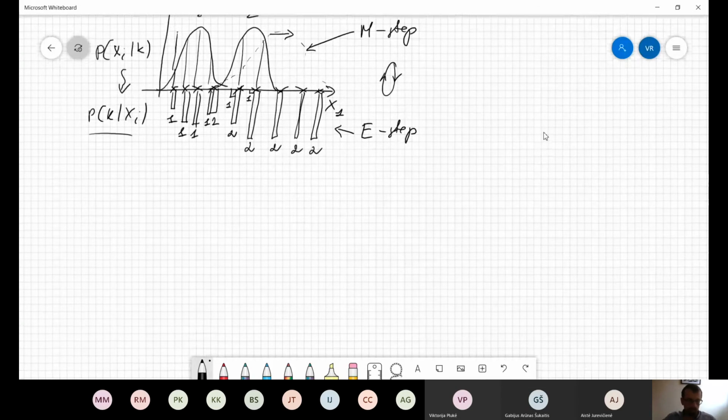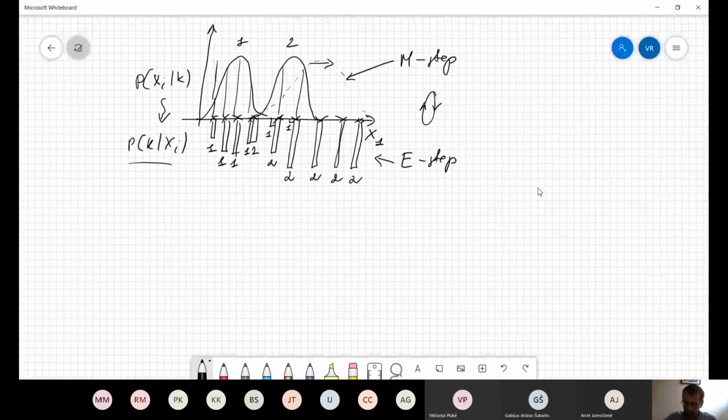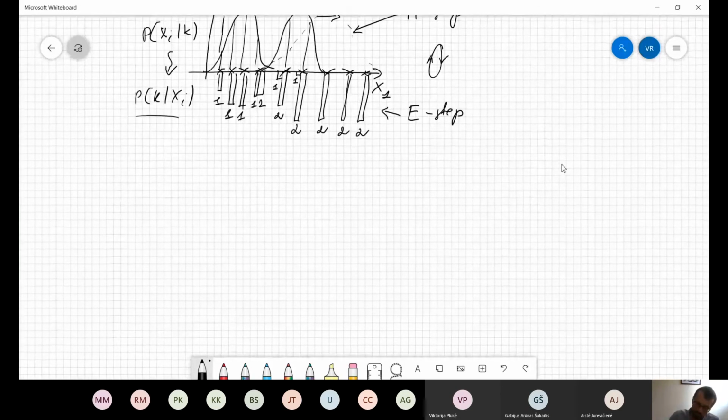Application of this example to the multivariate case is more or less straightforward, but I need to show you that because it is quite related to the calculation of the number of clusters. So, multivariate case.